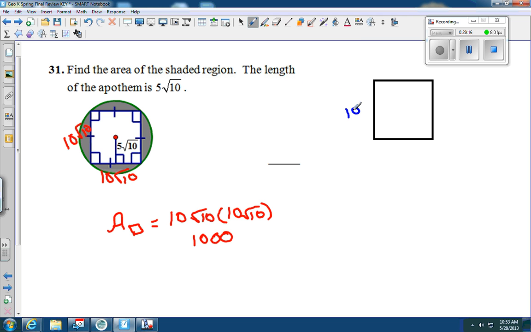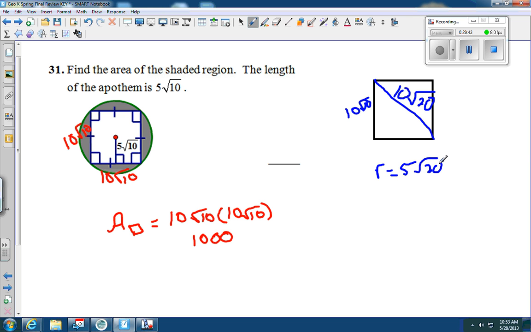If this is 10 square root of 10, then I know that this is 10 square root of 10 times square root of 2. So that makes 10 square root of 20, which is also my diameter of the circle. So my radius is half of that, which would be 5 square root of 20.